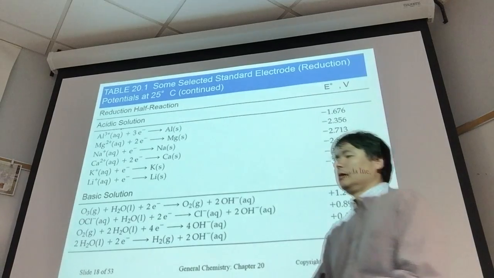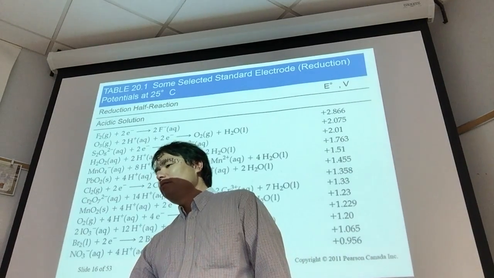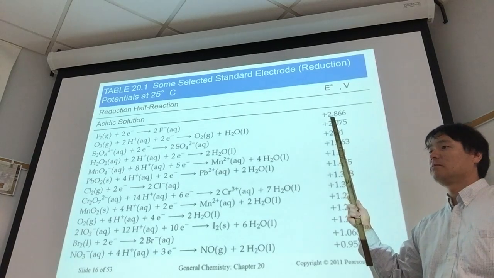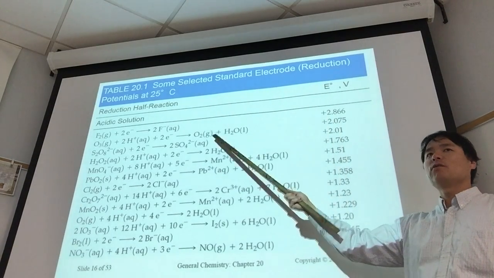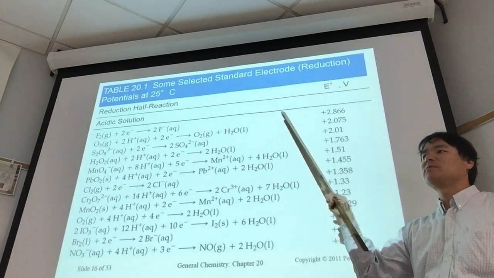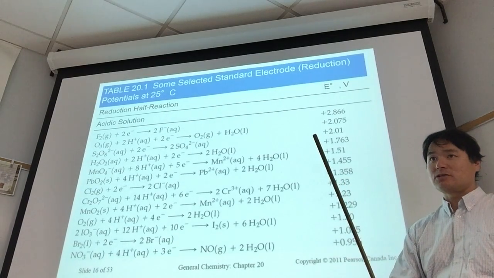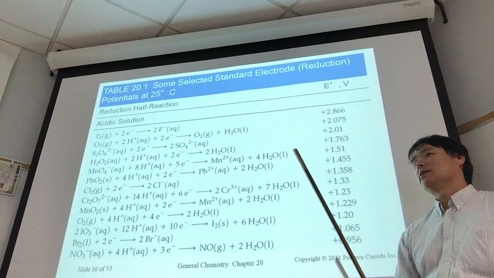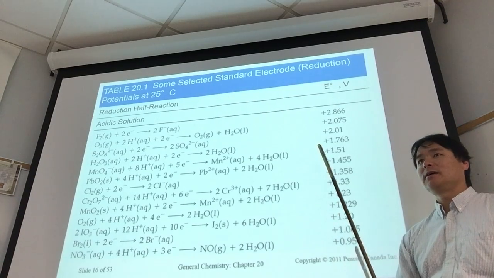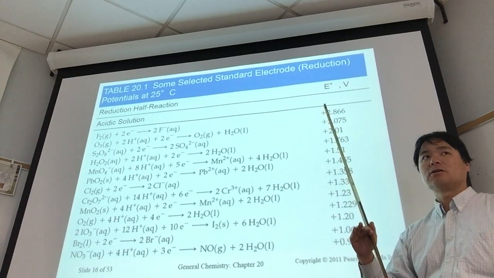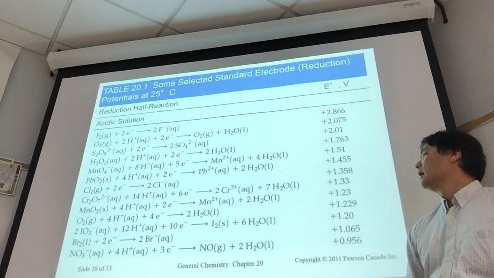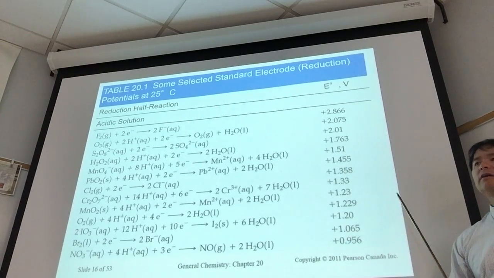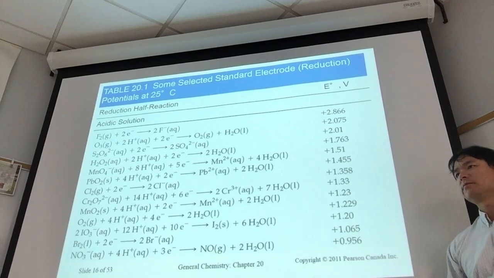The lowest oxidation potential is going to be negative 2.8 volts, and that's going to be fluoride. So fluoride is going to be the species that's hardest to oxidize because it has the lowest oxidation potential. Lithium is going to be the easiest to oxidize because it has the highest oxidation potential. And that's based on the arbitrary 0 point of hydrogen.